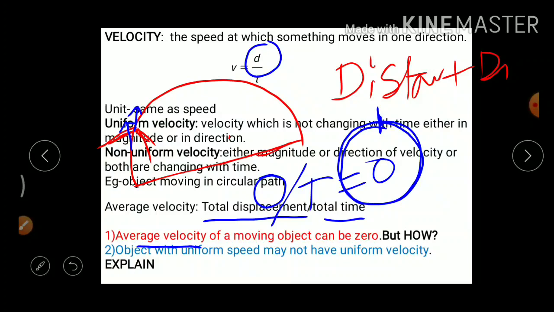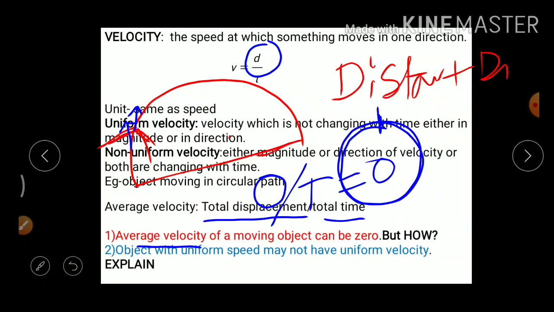Now another question can also arise in your mind: is it possible to have uniform speed but not have uniform velocity at a time? Yes, this is also possible. How?